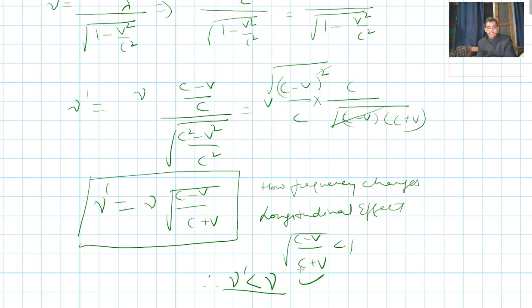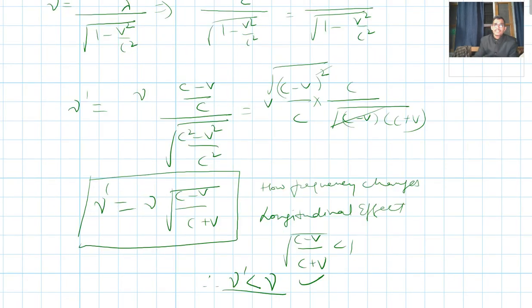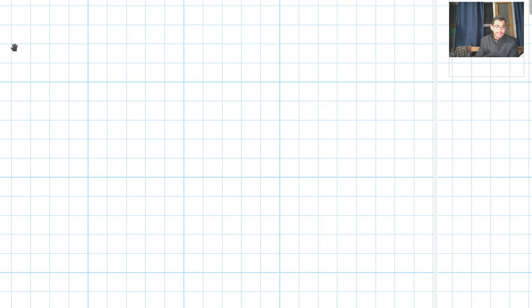Now another effect: the next case is light traveling perpendicular to the direction of motion of the observer.